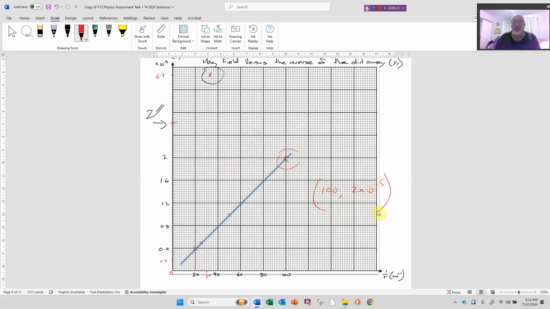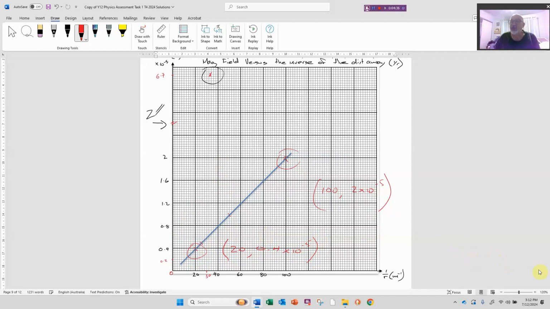We'll use those two. Now, it doesn't really matter where else you use, provided I always look for where it's going to hit nicely. So here's another nice one, goes straight through that one. So let's go 20, comma 0.4 by 10 to the negative 5. I just select the easiest ones to get values from.